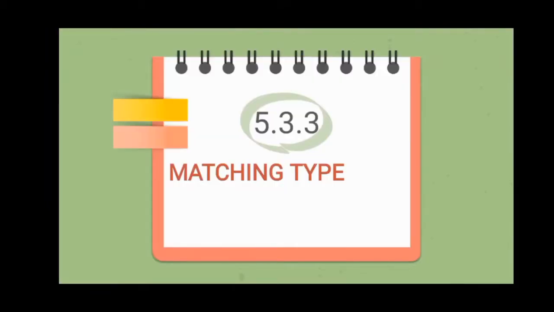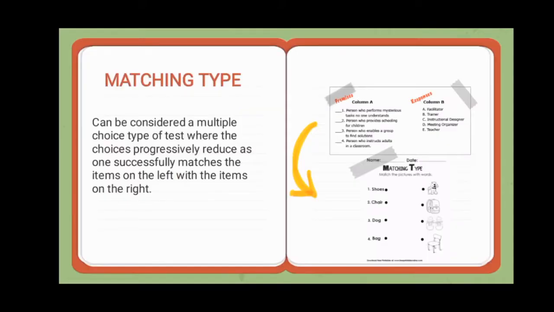Matching type of test. A matching type of test can be considered a multiple choice type of test where the choices progressively reduce as one successfully matches the items on the left with the items on the right. So in this kind of test, the choices are reduced when one item is successfully matched with an item on the other side.